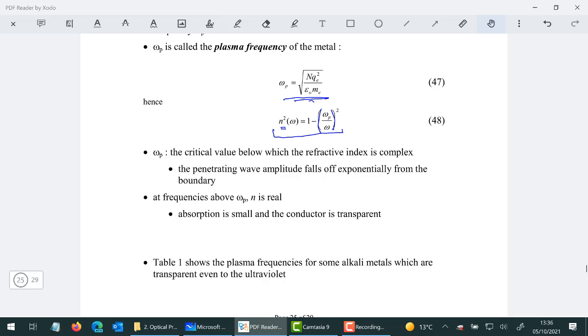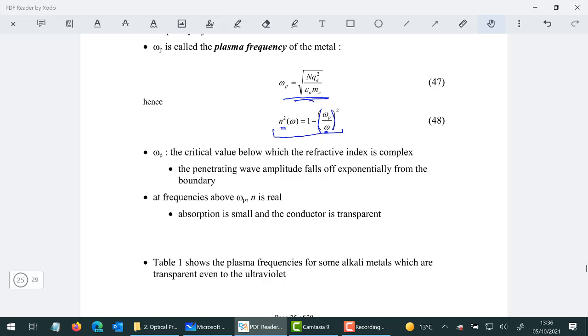In other words, if omega p is bigger than omega, we get a complex refractive index, and when omega is bigger than omega p, we have a real refractive index.